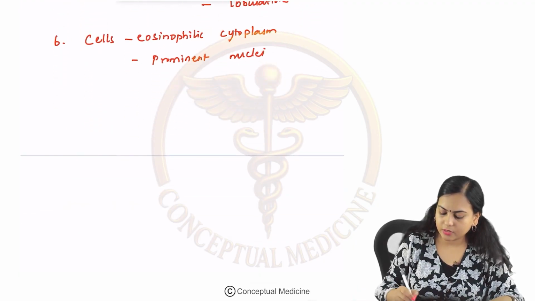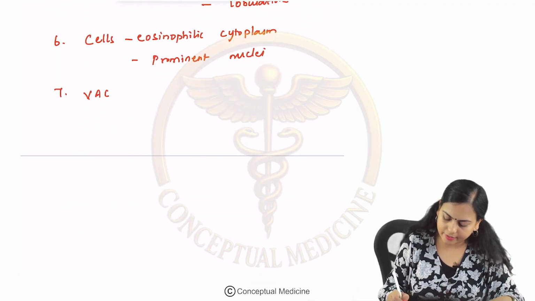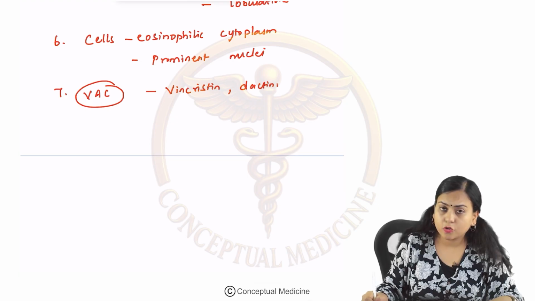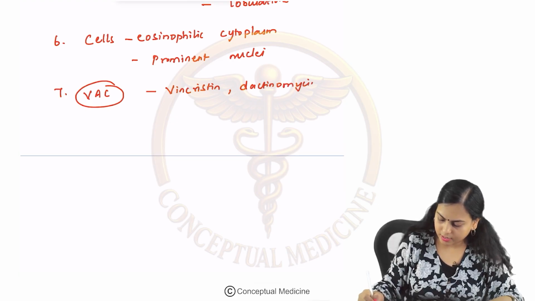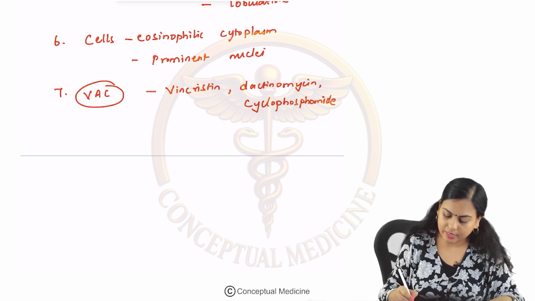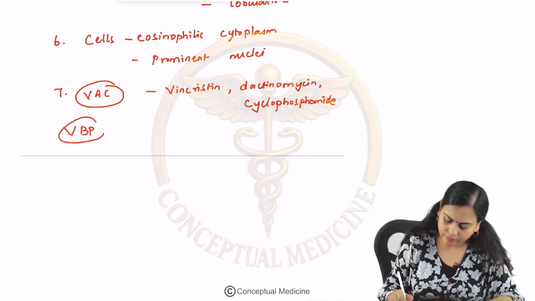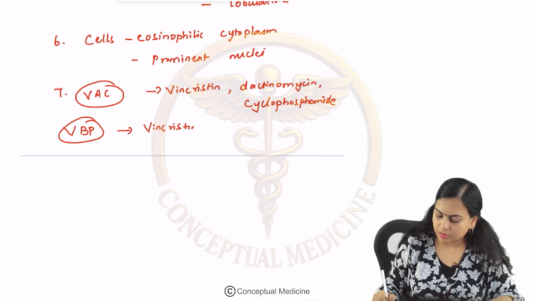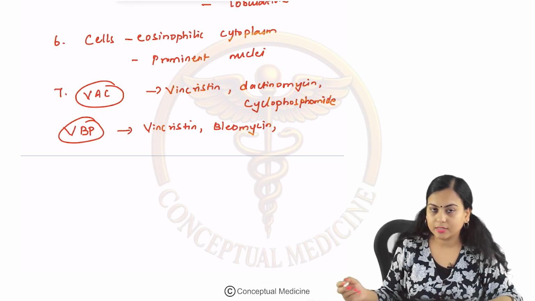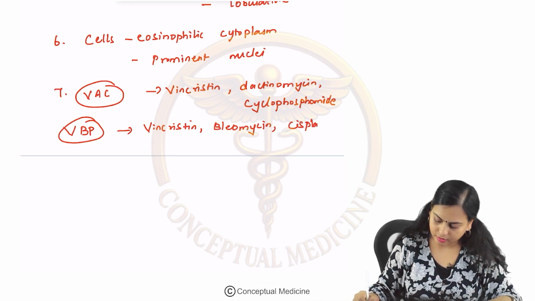For treatment we'll be using the VAC regimen. VAC is nothing but vincristine, dactinomycin and cyclophosphamide. Sometimes we can even give the VBP regimen, that is vincristine, bleomycin and the platin group of drug, that is cisplatin.